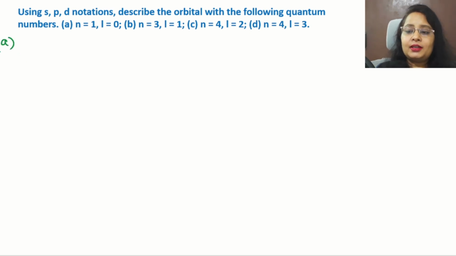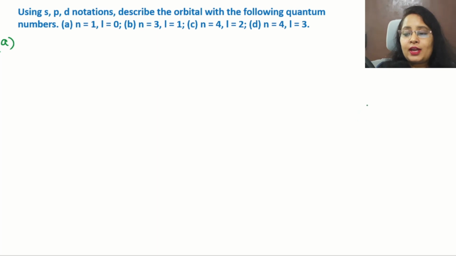Before starting, let me give you a general idea. If n is equal to any given number, it means it is the principal quantum number, and the numerical value when we are seeing 2p, 3s, 5d, that numerical value is the n. The other thing is the value of l.